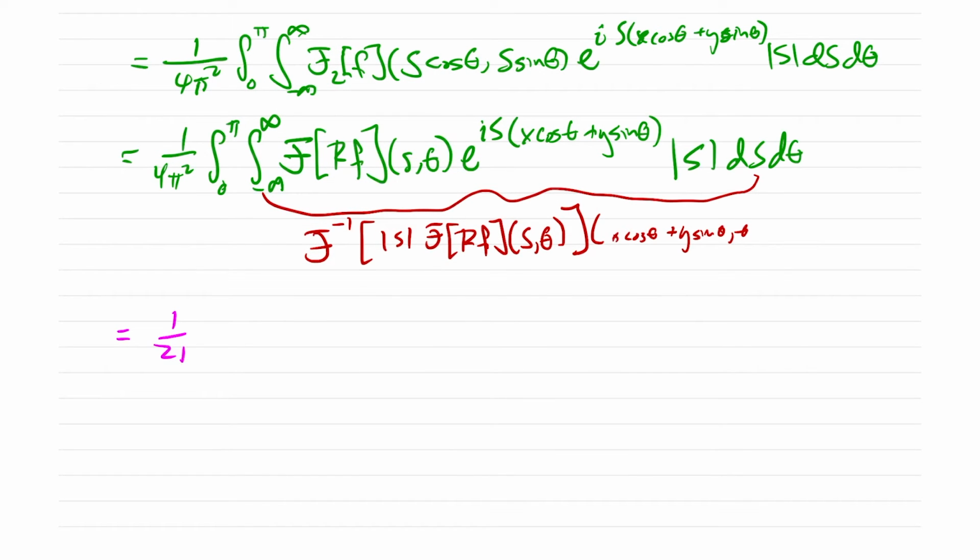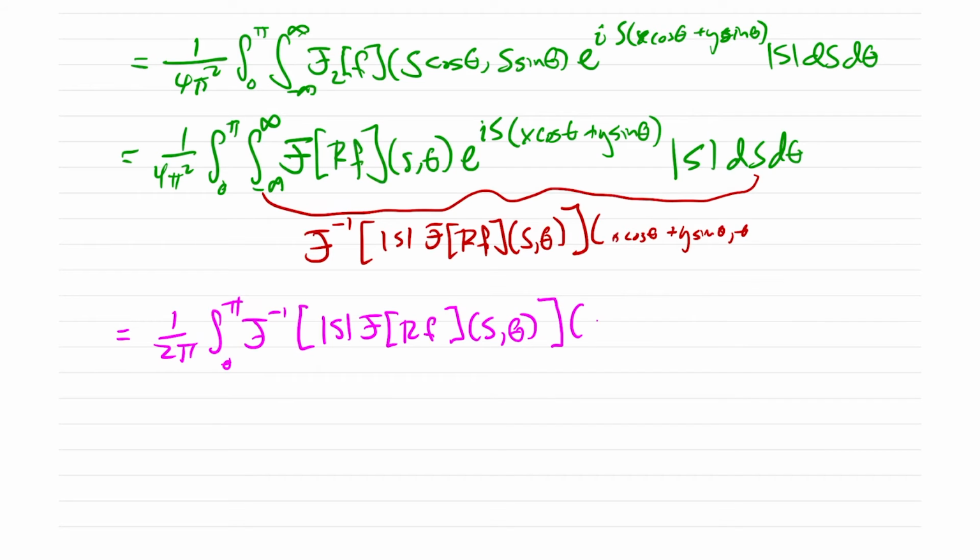So we get 1 over 2 pi times the integral from 0 to pi of the inverse Fourier transform of the absolute value of s times the Fourier transform of the Radon transform of f at s comma theta, and this evaluated at x cosine of theta plus y sine of theta comma theta d theta.